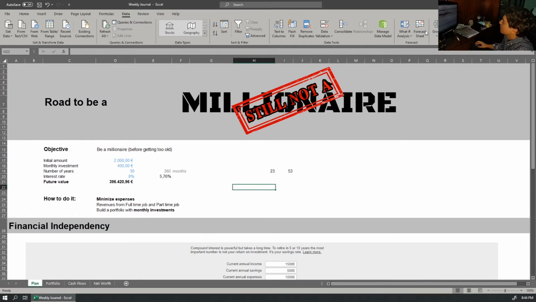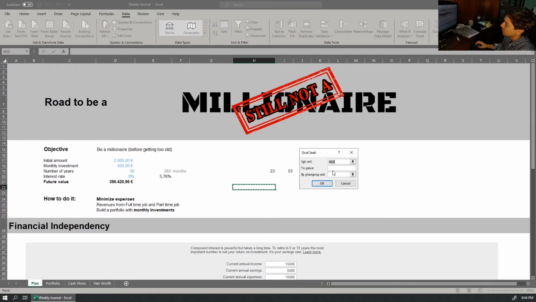It's better. Let's use the goal seek function again, and once again set this cell to 1 million by changing, now, the interest rate. I would need a 14% interest rate. That will lead to an after-tax interest rate of 10.25%.